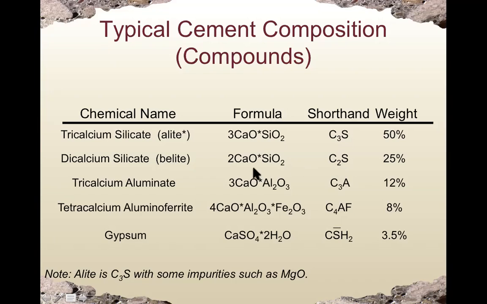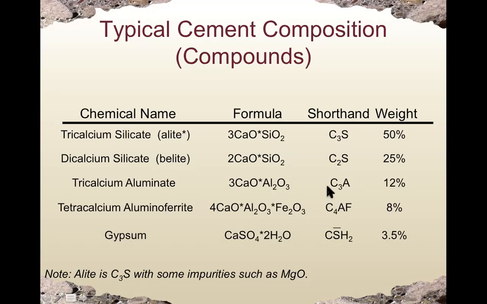Alite is actually the mineral C3S together with some minor chemicals. Belite is actually C2S with some minor impurities, a small amount of other chemicals.